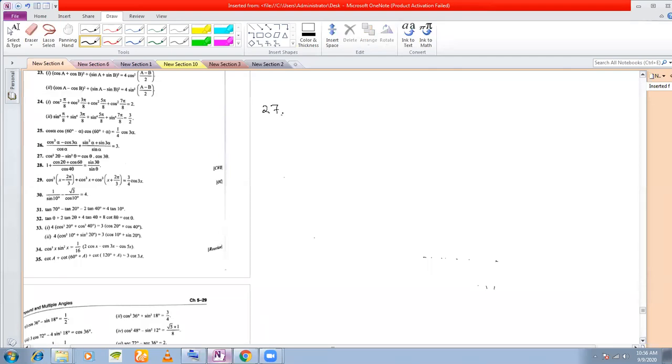You have to show that cos square 2 theta minus sin square theta is cos theta into cos 3 theta. So left hand side is cos square 2 theta minus sin square theta. Okay.